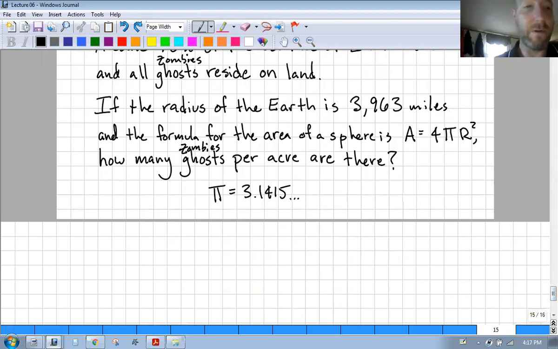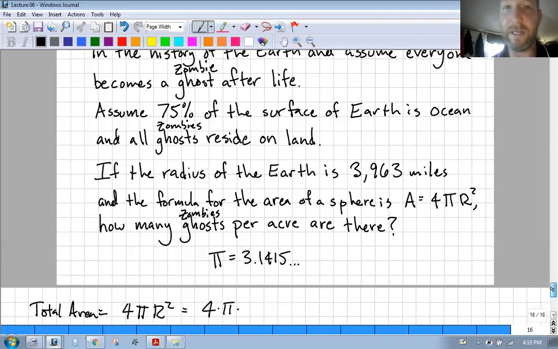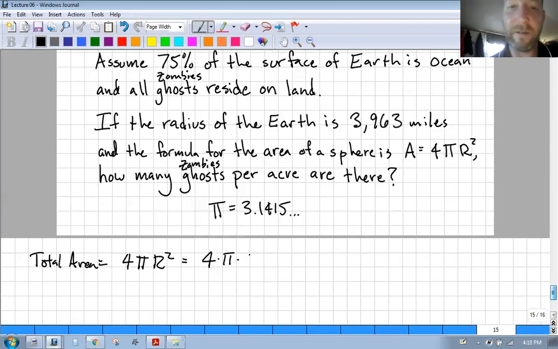So total area, 4 pi r squared. Here, I'll just leave it as pi because our calculator puts pi into a lot of digits for us. So the radius, where's the radius? 3,963 miles squared.